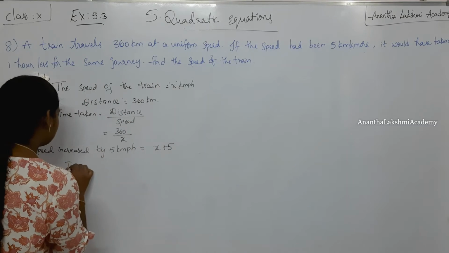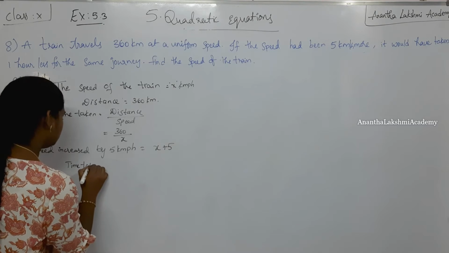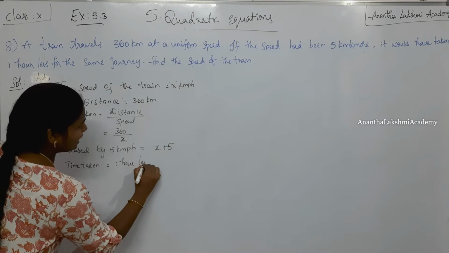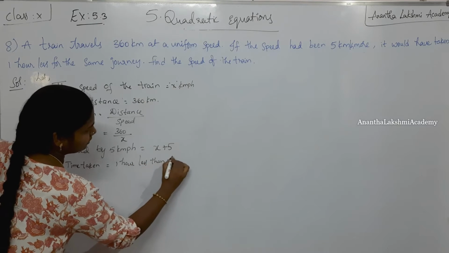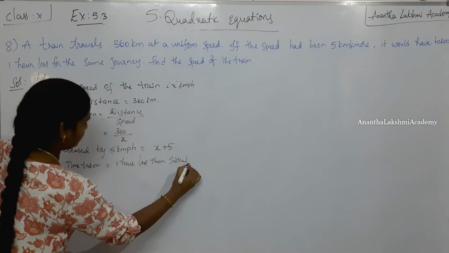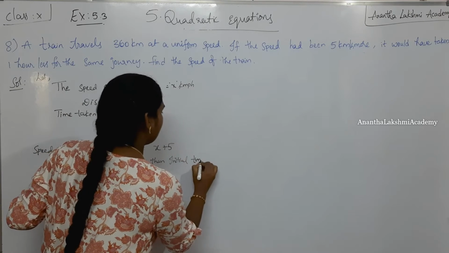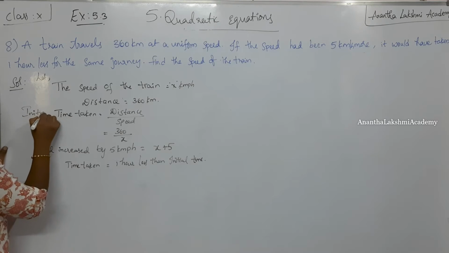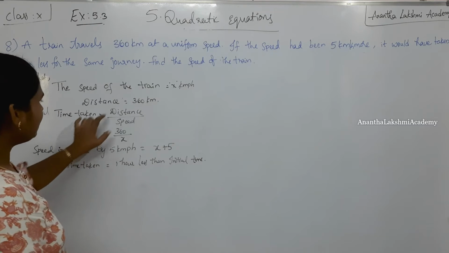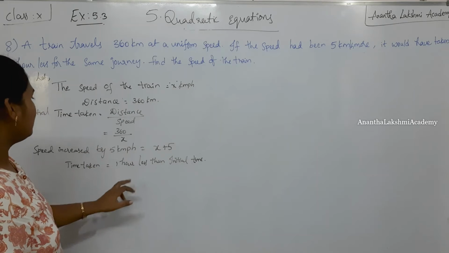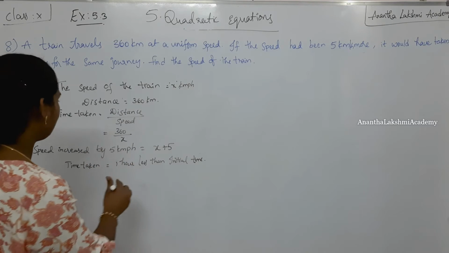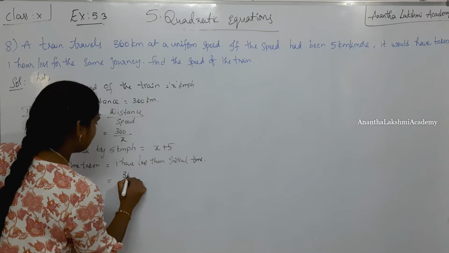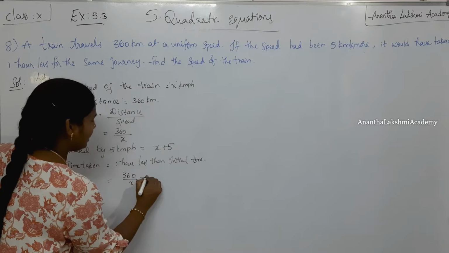So time taken is equal to 1 hour less than initial time. So what is initial time? The initial time taken is nothing but distance by speed, that is nothing but 360 by x. Time taken is equal to 1 hour less than initial time. Initial time is 360 by x, minus 1.